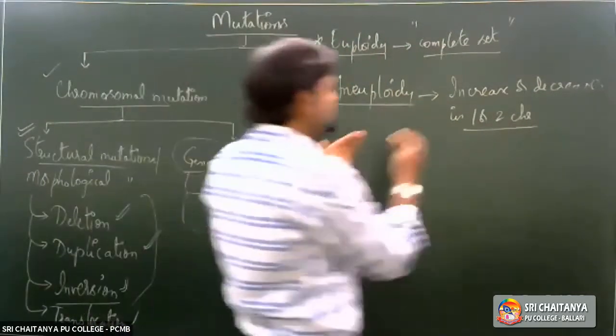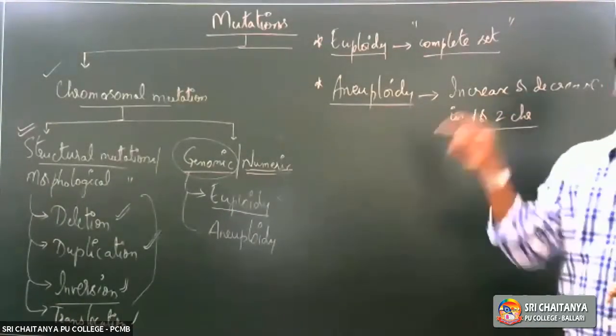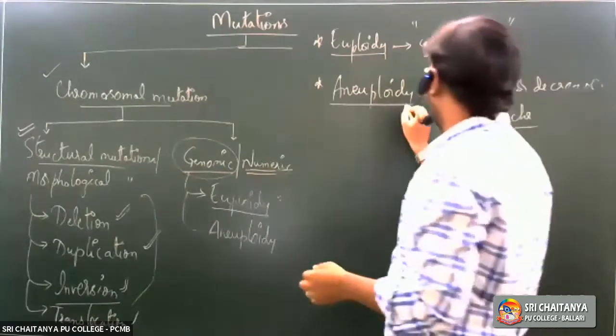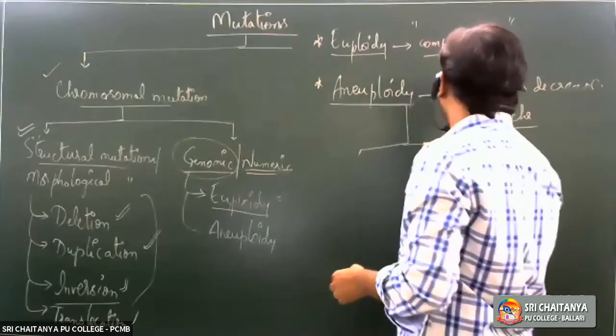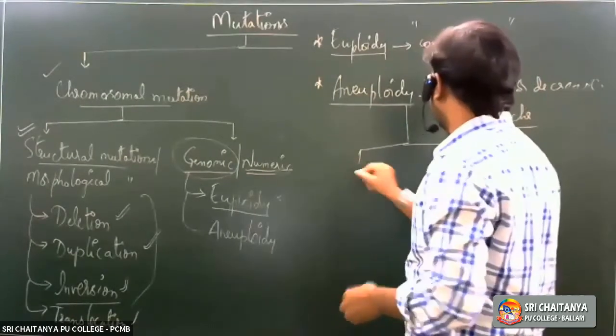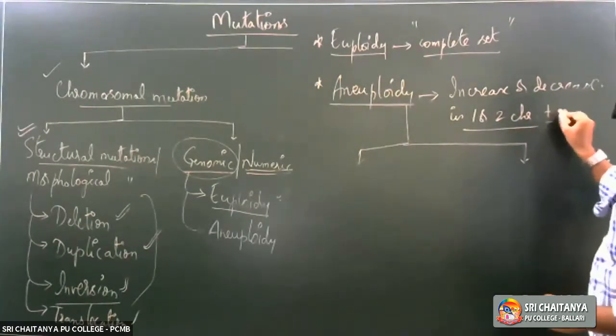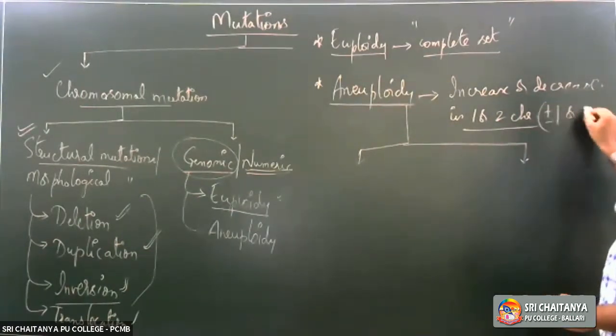Now, based on whether one chromosome or two chromosomes is increasing or decreasing, we again classify them into two categories. So we said that there is either plus or minus one, or either plus or minus two chromosomes.